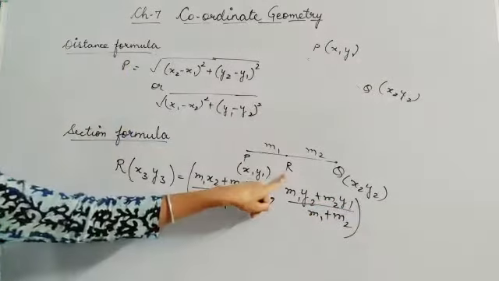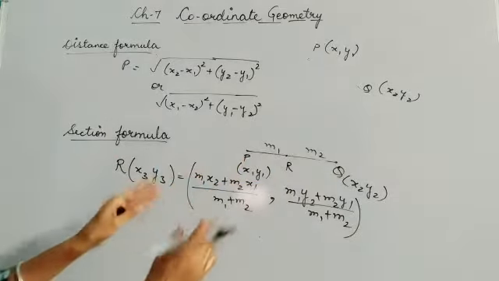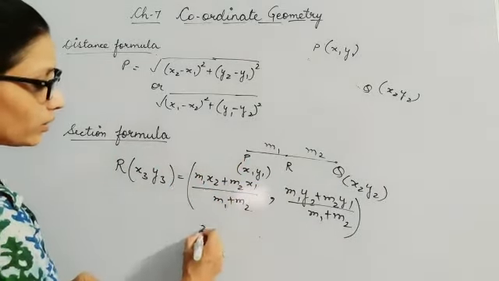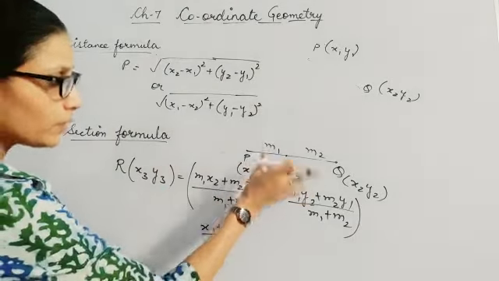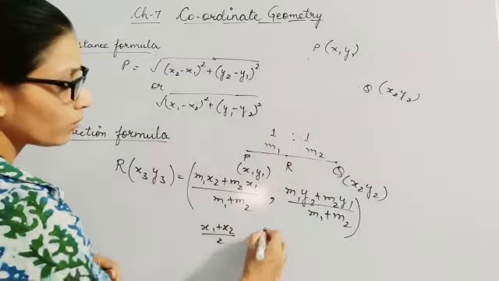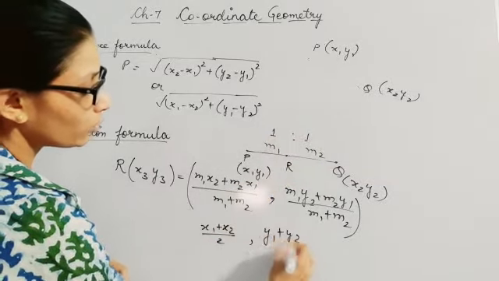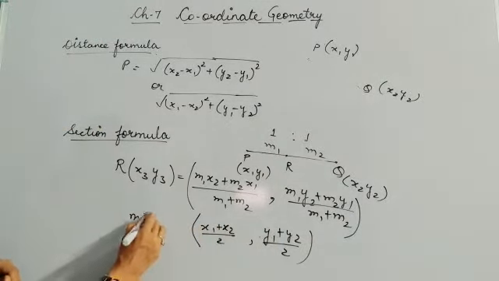In case point R is midpoint of line PQ, then this formula gets converted into x1 plus x2 upon, mid means 1:1 ratio, that means 1 plus 1, that is 2, y1 plus y2 by 2. So this is your coordinate when R is your midpoint.